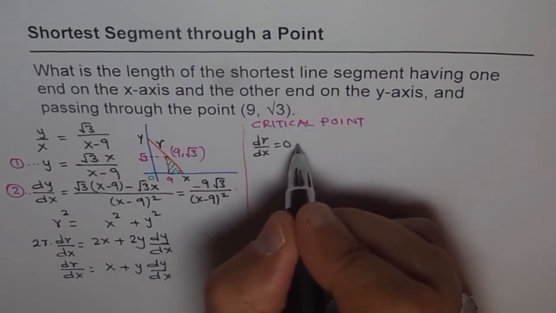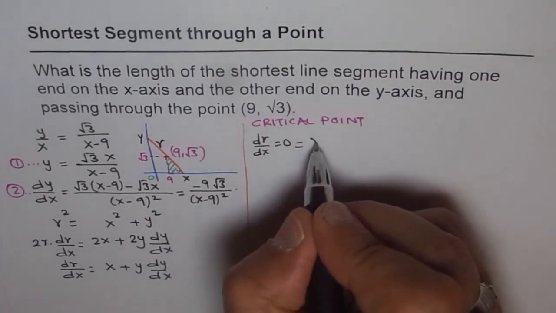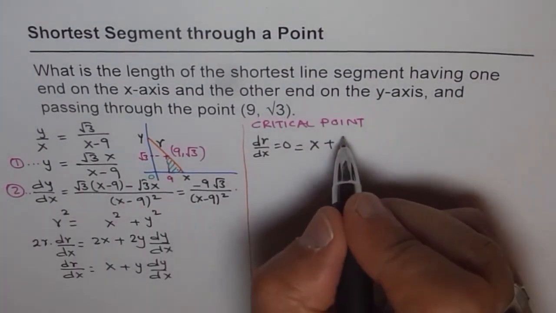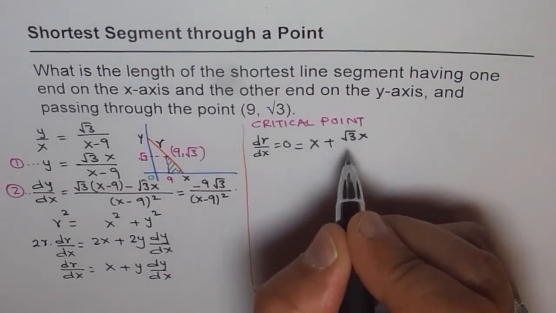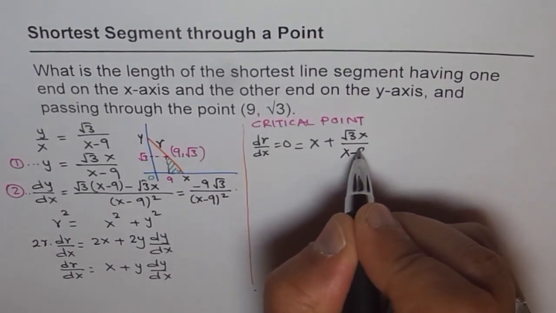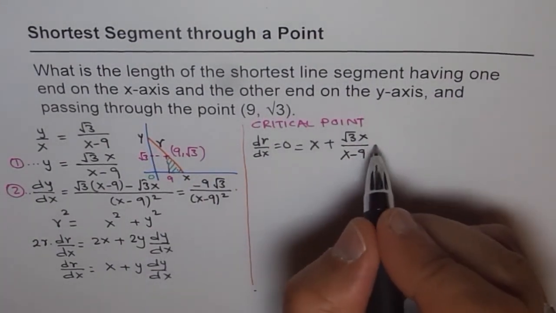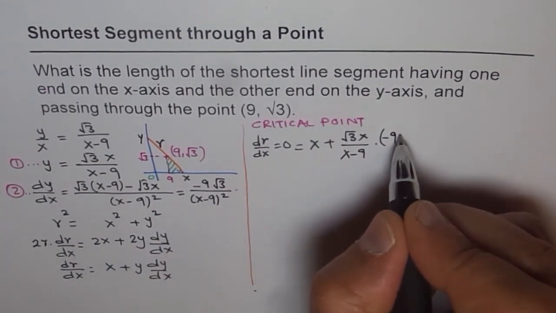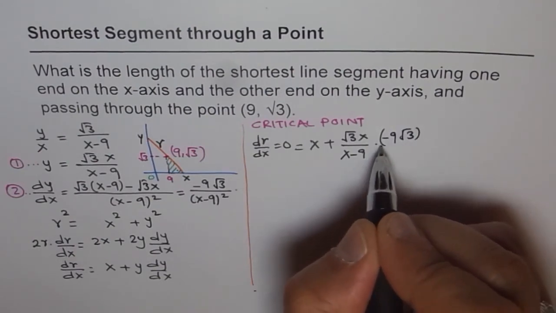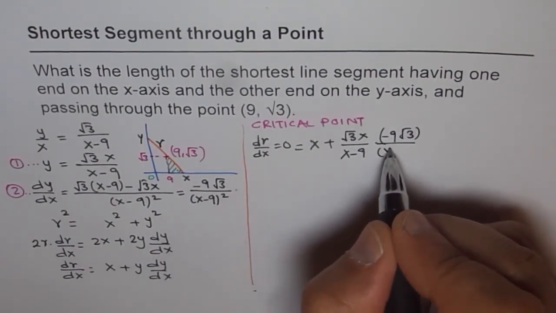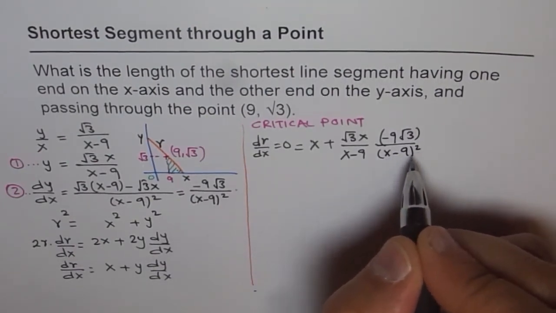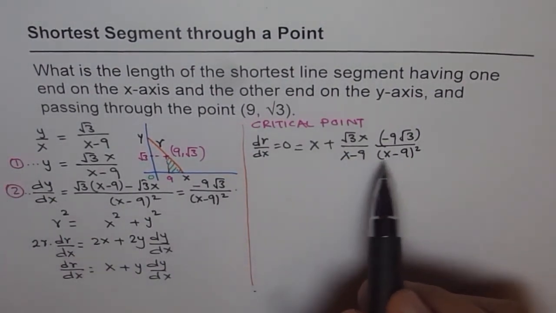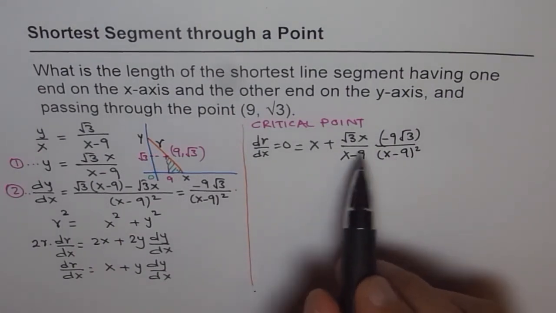So let's replace y and dy/dx with those values. So we get x plus y, which is √3x over x minus 9, times dy/dx, which is minus 9 times √3, let me put it in brackets, otherwise it can create confusion, over (x minus 9) whole squared. So from equations 1 and 2 we got this. Now that can be simplified.